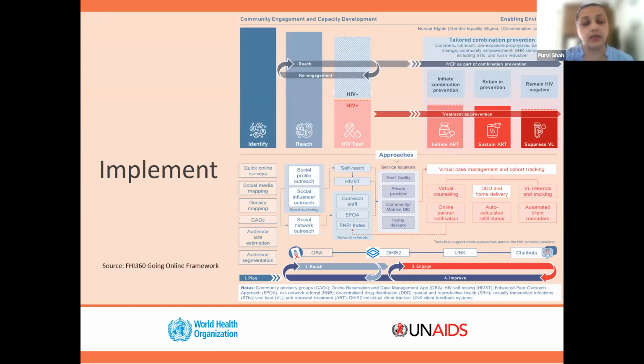We need to take the individual right from prevention to testing to treatment to viral suppression. Below the cascade, you can see the approaches that could be used to help take this individual through each of the bars in the cascade. Details are available on the FHI 360 website if you need. We also have a technical brief being developed by UNAIDS and WHO, which will also have details of this framework and all the approaches mentioned here. Next slide.